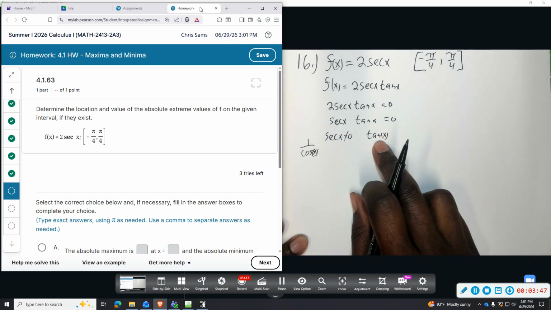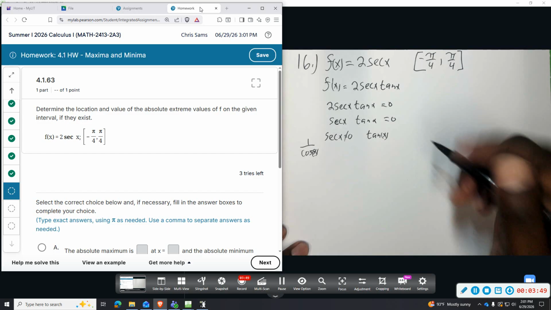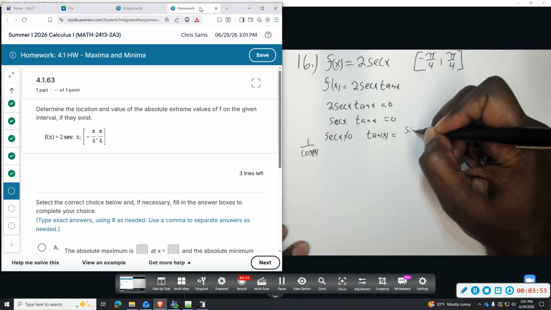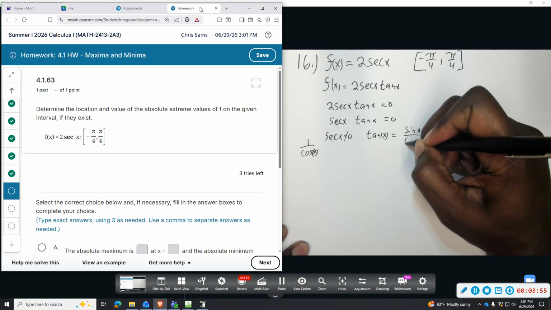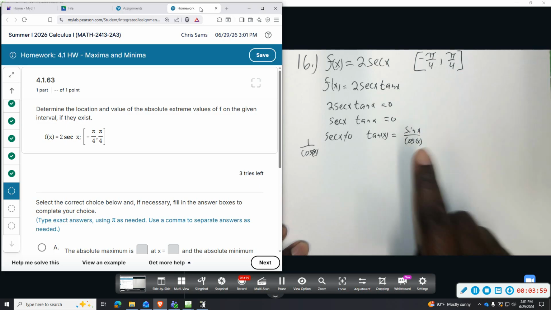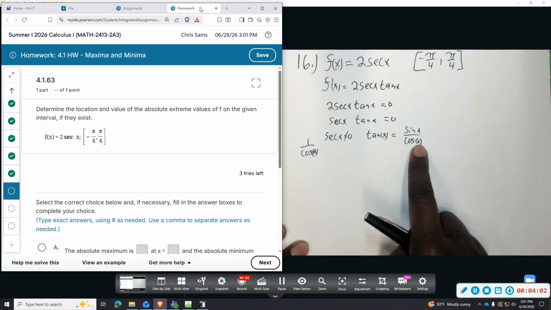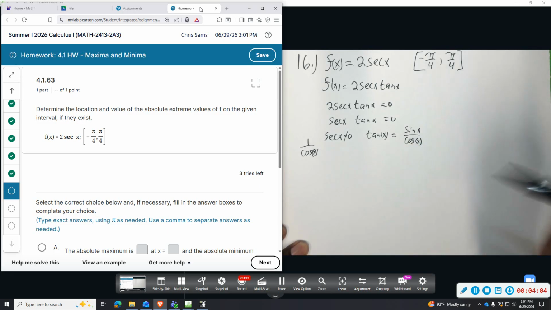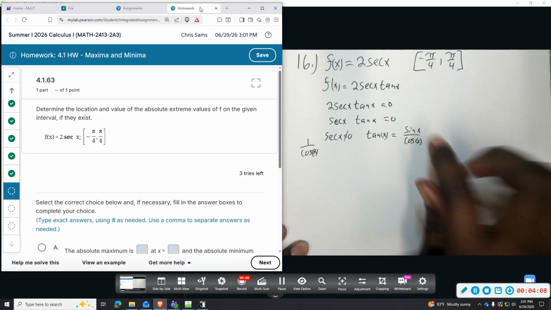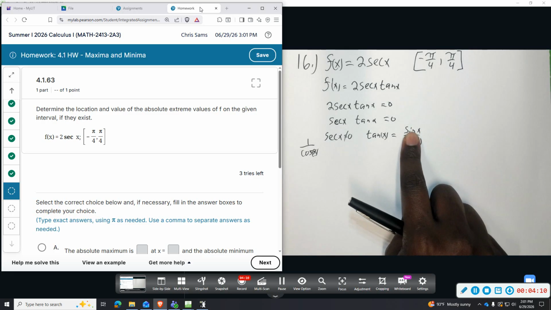However, tangent can equal 0. And again, remember, tangent comes from sine divided by cosine. Now, cosine cannot be equal to 0. We would be dividing by 0. However, if sine is 0, 0 divided by any number is going to be 0. So we're going to look for the values that make sine 0.